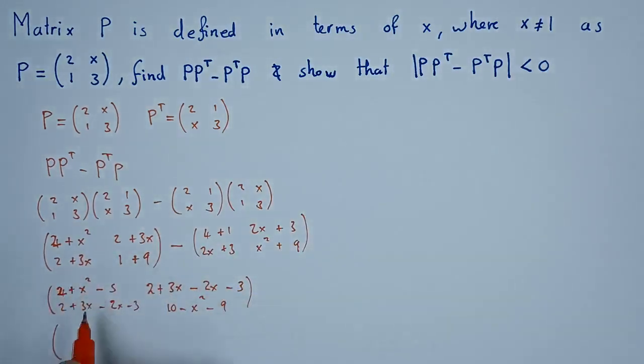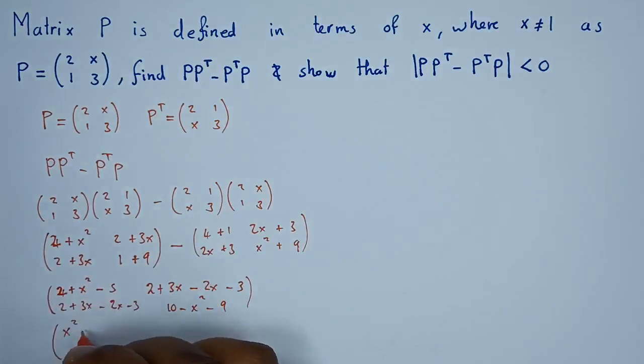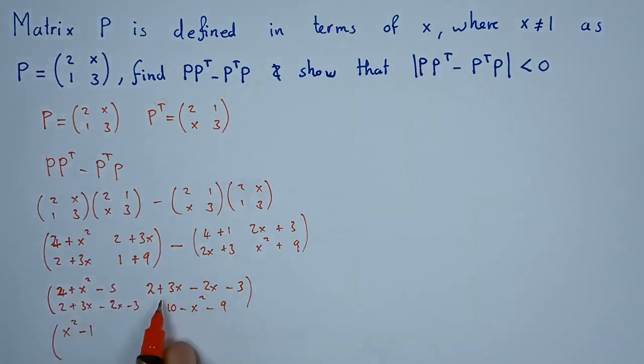So this will give us x squared minus 1. This expression here will give us x minus 1. This expression here will give us x minus 1.